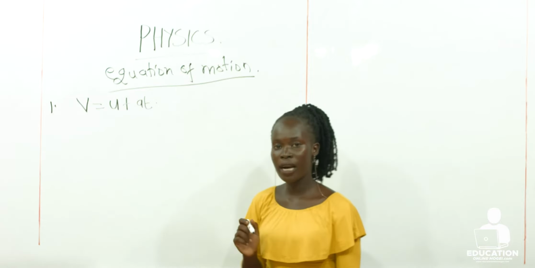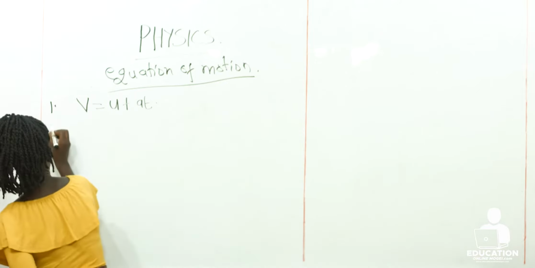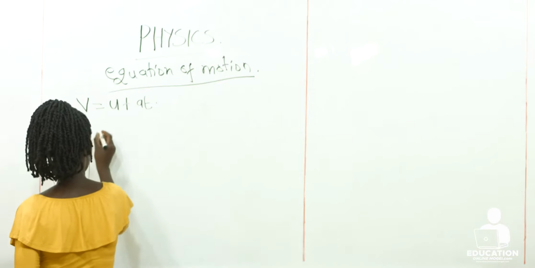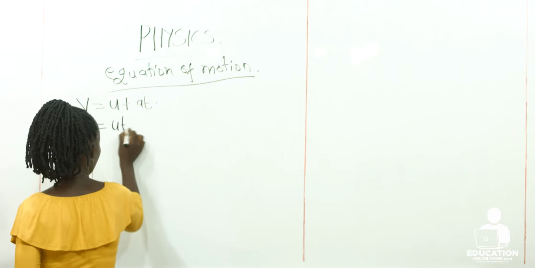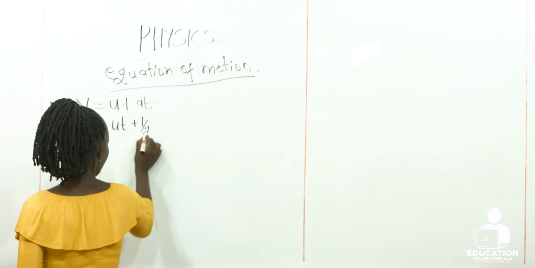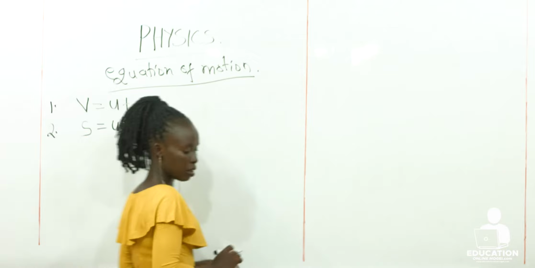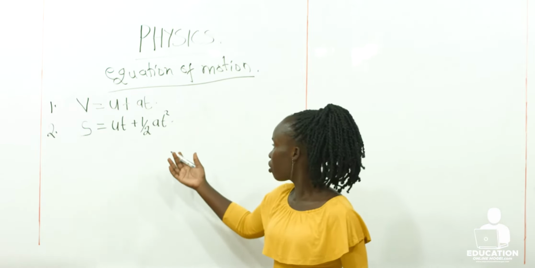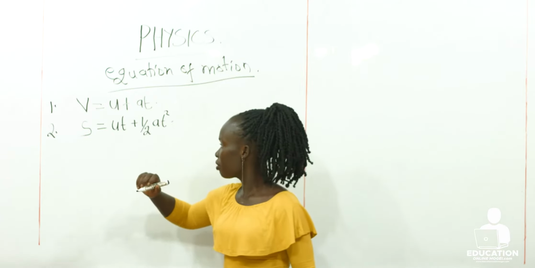So let's look at the second one. How is it like? We have the second one as S is equal to UT plus a half AT squared: s = ut + ½at². So that is our second equation of motion. What is S standing for?